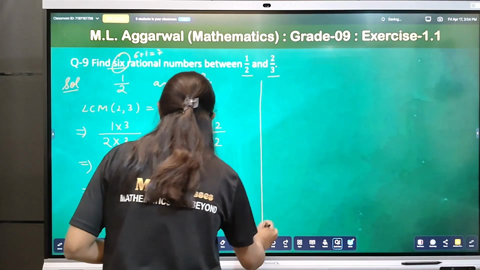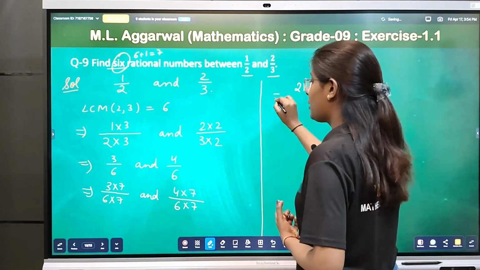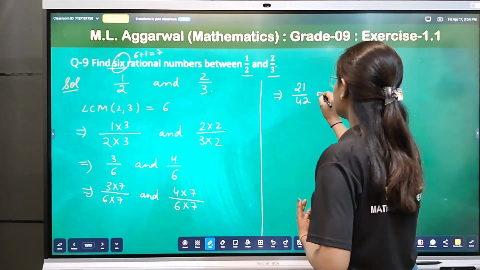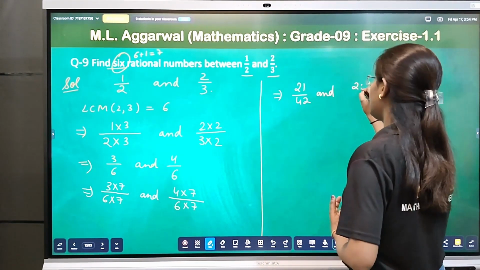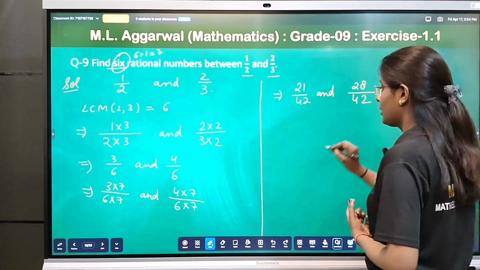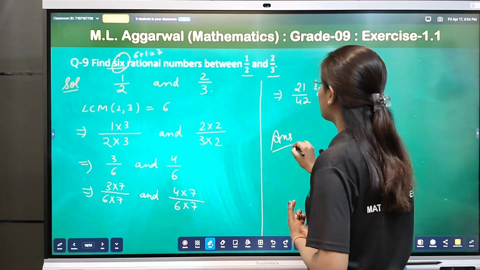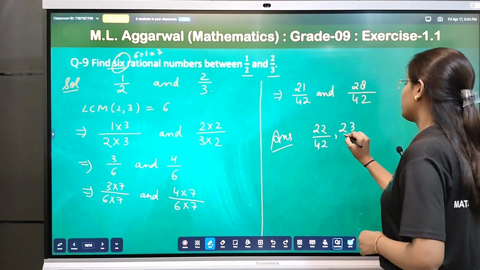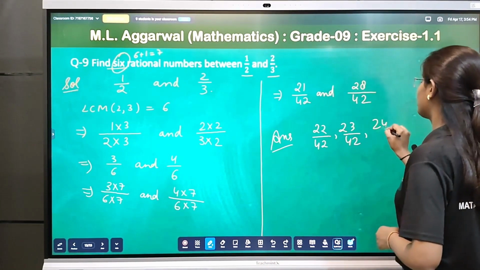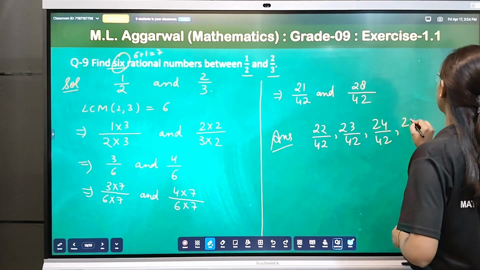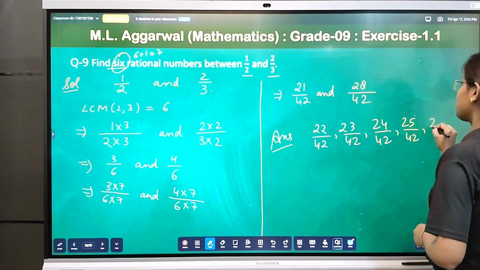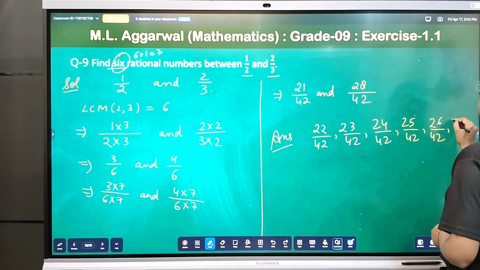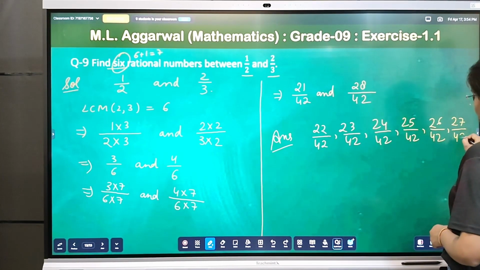Your numbers are now 21 upon 42 and 28 upon 42. When you write your answer, your numbers would be 22 upon 42, 23 upon 42, 24 upon 42, 25 upon 42, 26 upon 42, and the last would be 27 upon 42.